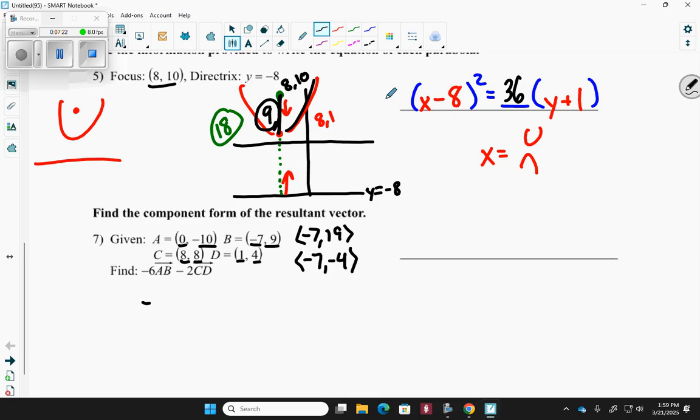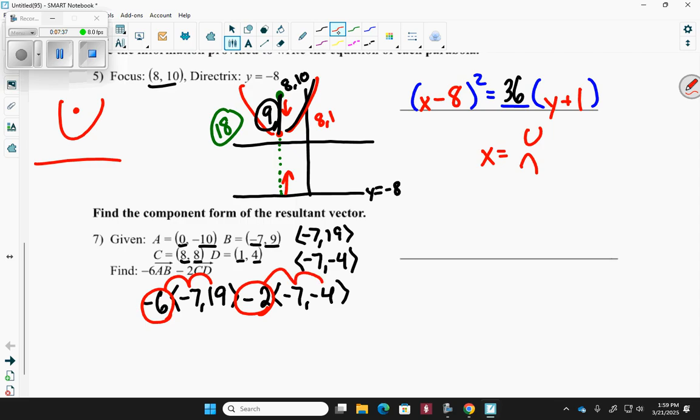Now, once you have your components, it's time to actually do the operation. That's 2. I'm going to take whatever's on the outside and multiply it by what's on the inside. When I do that, I get 42, -114, and I get positive 14, and positive 8.